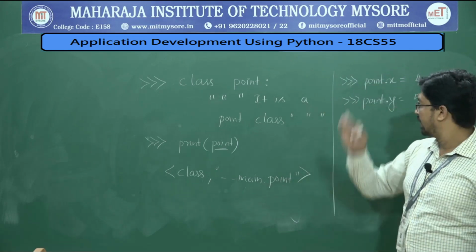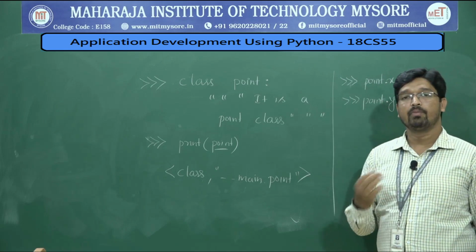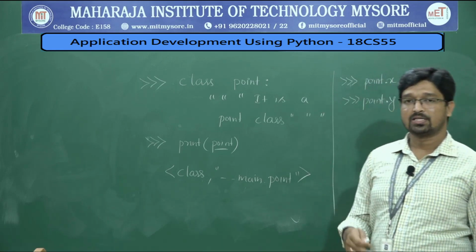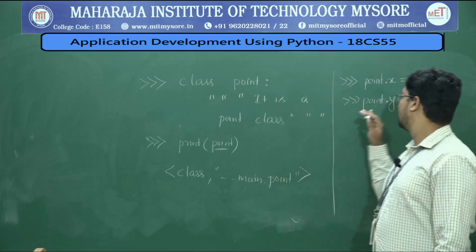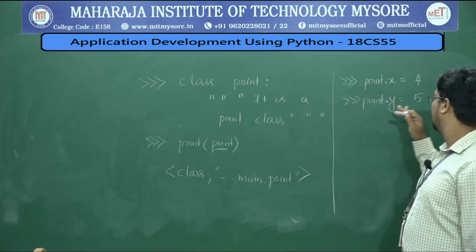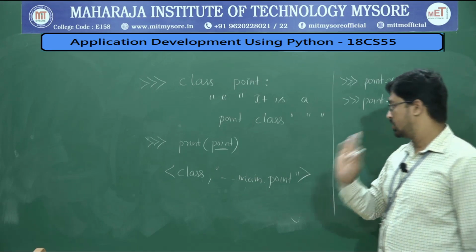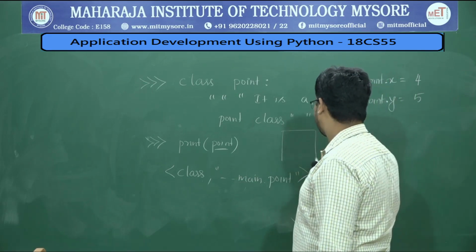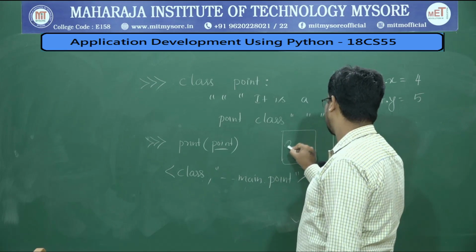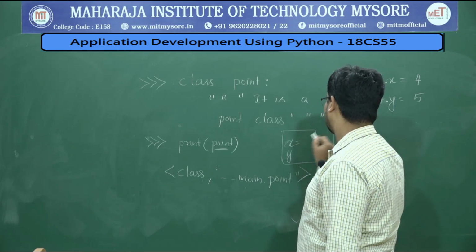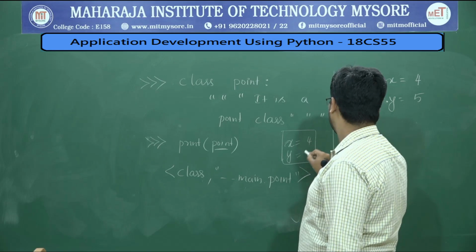Point is a class, under that I have a member called attribute x, which is equal to 4, and the same way Point dot y, which is equal to 5. So there is a class called Point, there is an x, there is a y, and the values are 4 and 5.